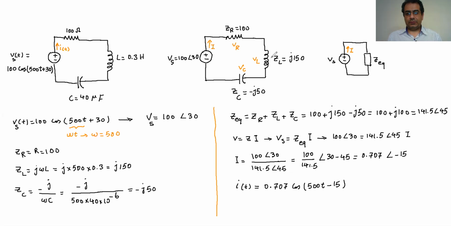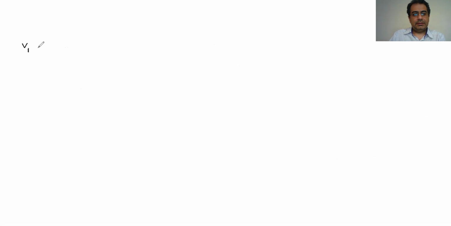I know the Z for each of them, so I can write V equals Zi for each of these three and then get the value for each of them. So I will start from the resistance. So for the resistance, V in the resistance is Z_R, which is basically R. The Z_R is the R.